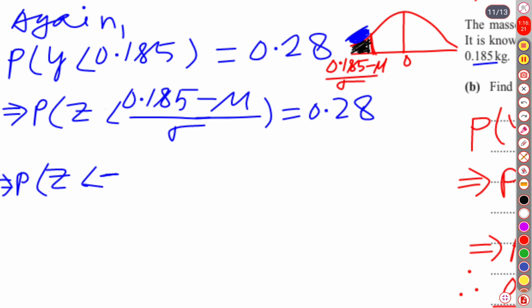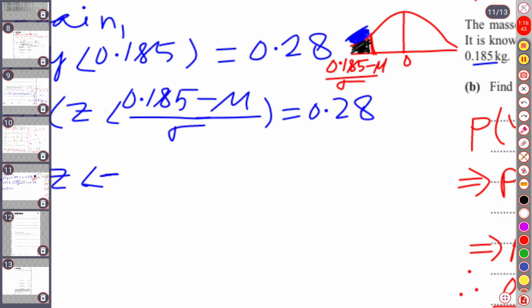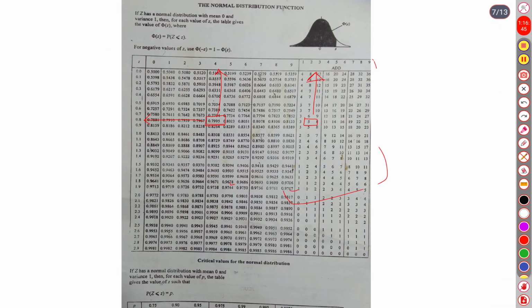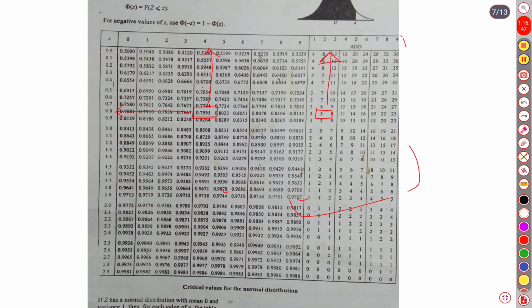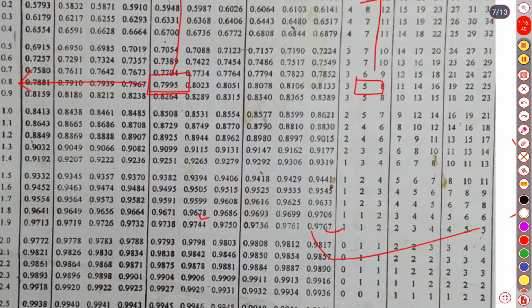If we swap it to the right side, it will be exactly the same. The probability will remain the same, but there will be a change in the sign. We have already decided that our z score is lying on the left side, so it is negative. Now we will have to find the corresponding z score when the probability is 0.28 or 0.72. Let us go back to that page. 0.72 is our probability. Let us see where 0.72 is.